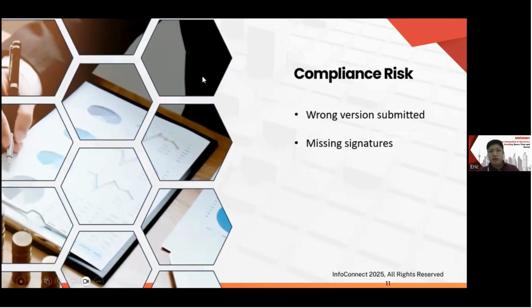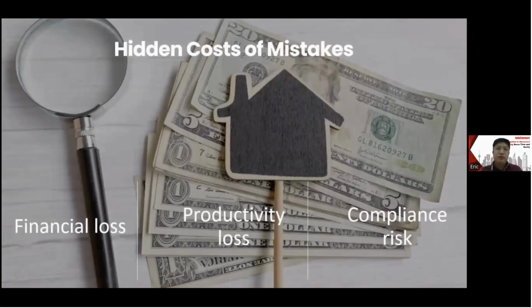There's also compliance risk. Say, for example, you have an audit, and you submit the wrong version, or a version without required signatures, because there's no automated system in your company. This will result in some form of penalty as well, lah. So all in all, because of mistakes, your business may suffer financial loss, productivity loss, and maybe some compliance risk.